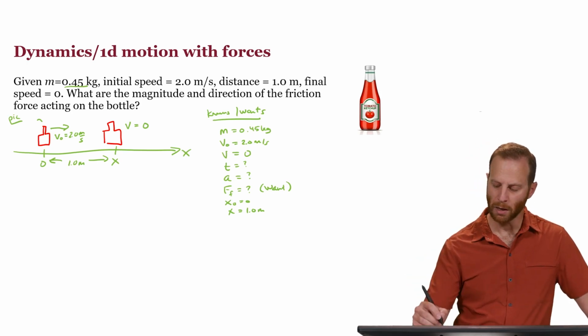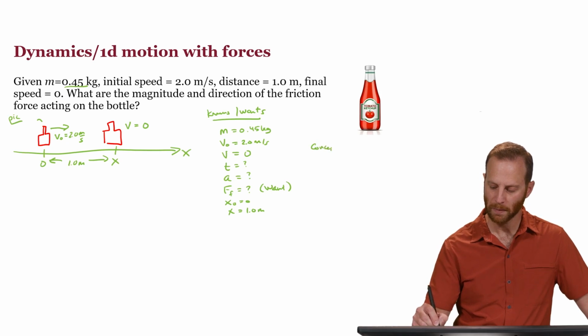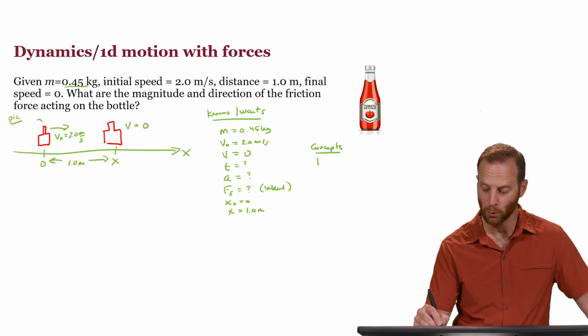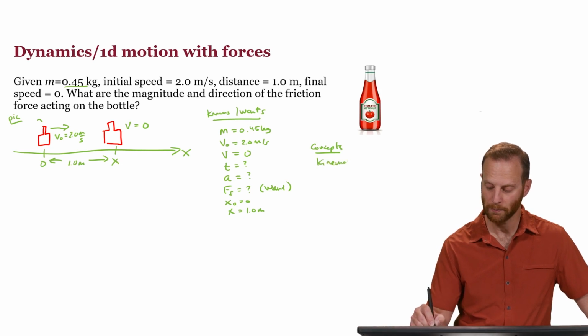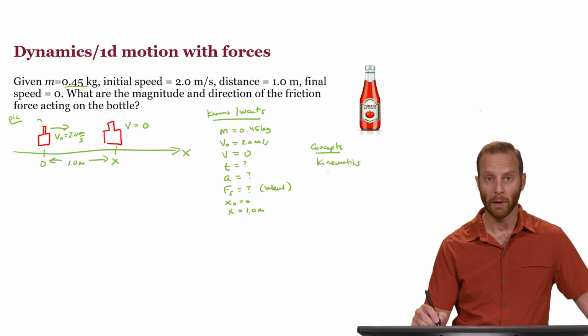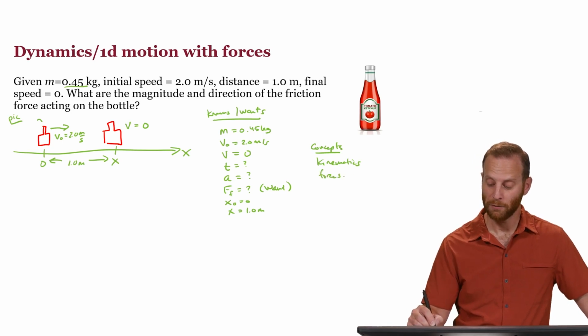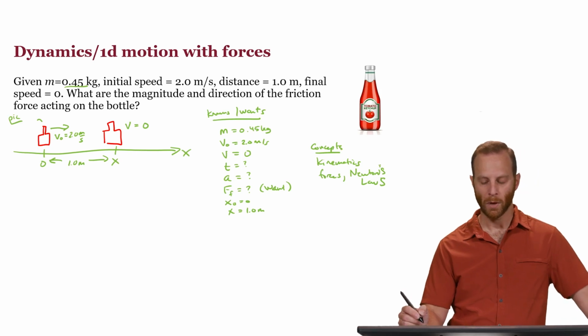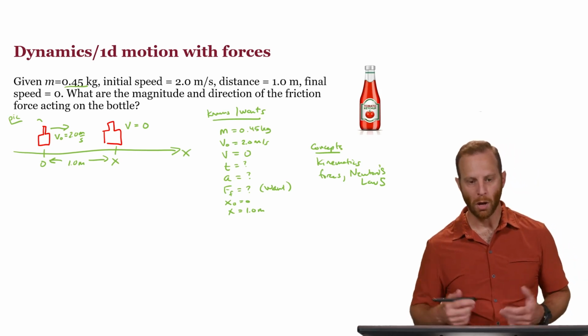In terms of relevant concepts, there is the physics of motion, in other words, kinematics. We might also need the physics of forces, net forces, and of course, Newton's laws. Let's write down the equations that go along with those concepts.